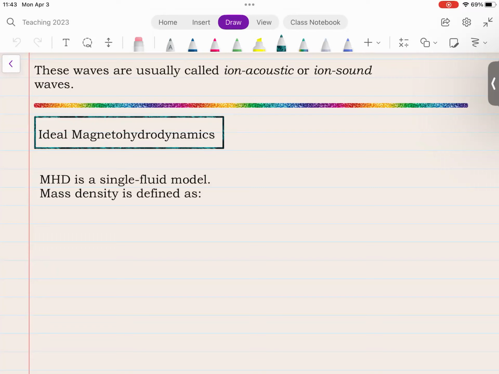That means that I need a mass density, which is defined as rho sub m in the book notation, where m stands obviously for mass, the sum over the species of the mass density of the species.